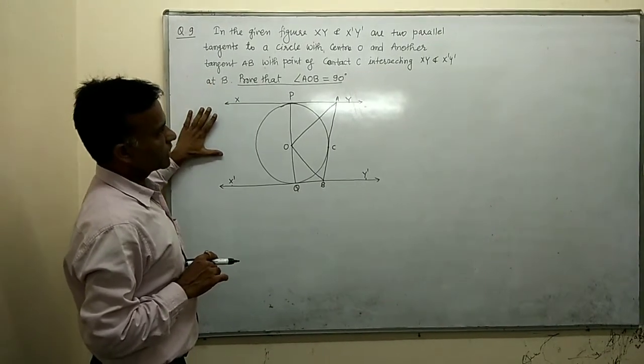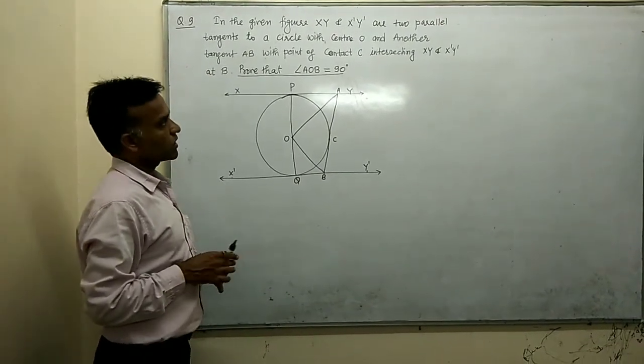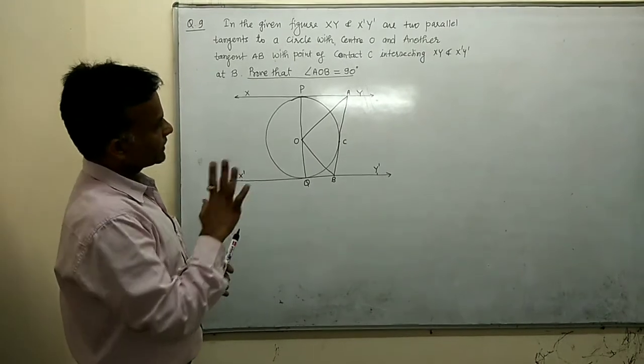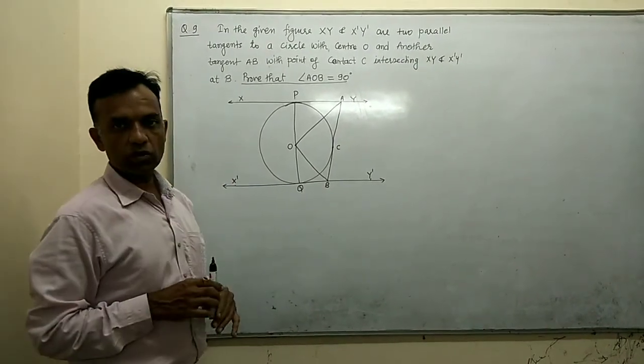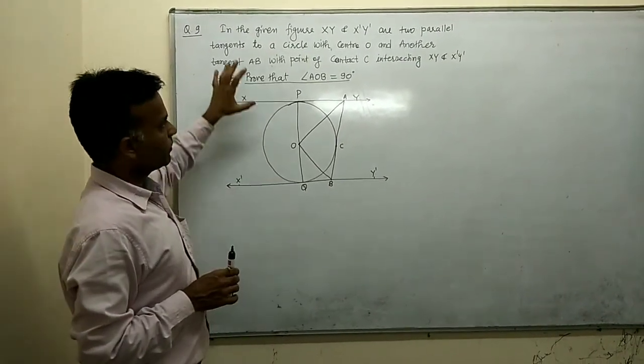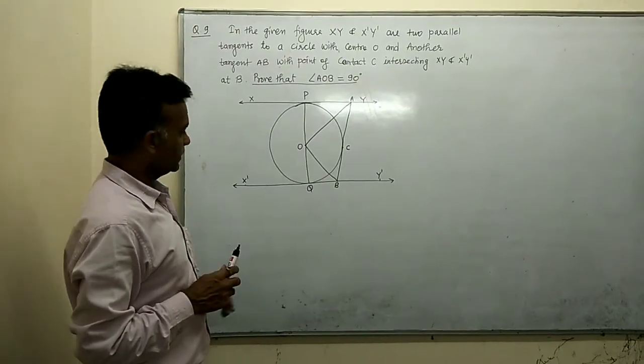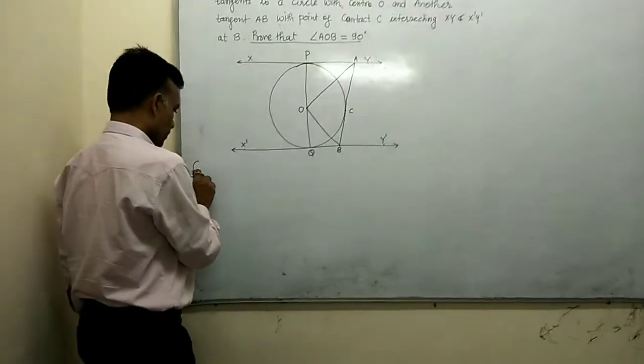Okay, so first, like in the previous question, we have to write the given. First you read the question very carefully, and then whatever points are given in the question you write down here. So first we write down the given.